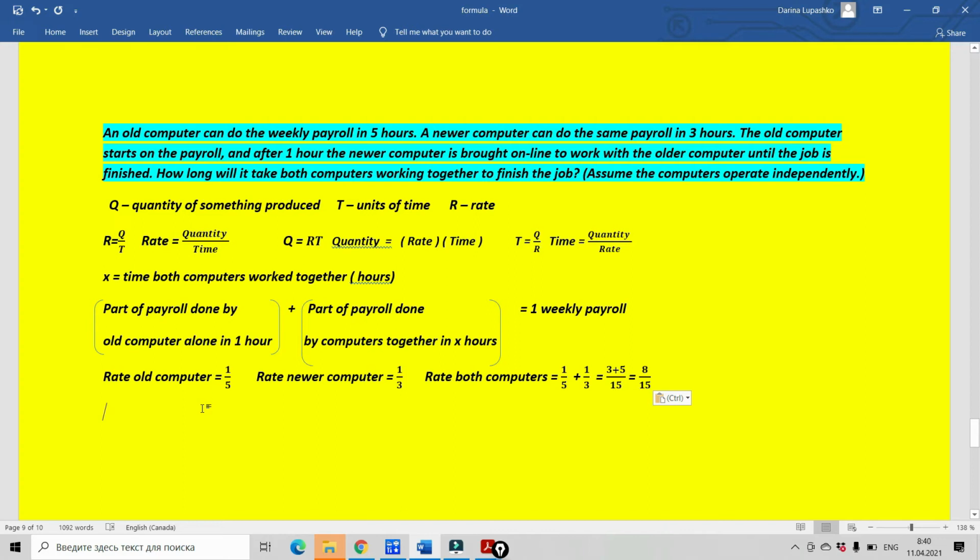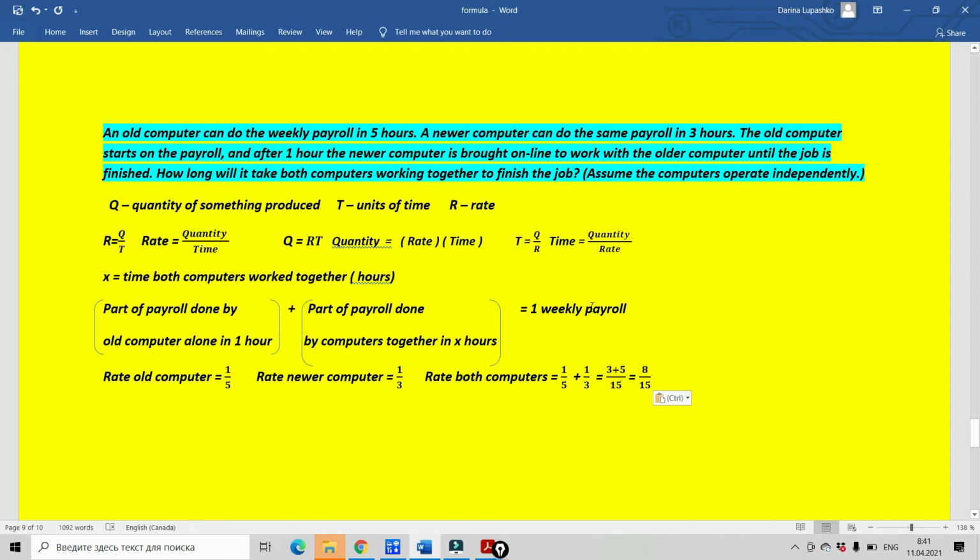Using the formula that quantity equals rate by time, the part of payroll done by the old computer alone is the rate of the old computer multiplied by the time it was working alone, 1 hour. Then the part of payroll done by the computers working together is the rate of both computers, 8 divided by 15, multiplied by the time they work together, x.